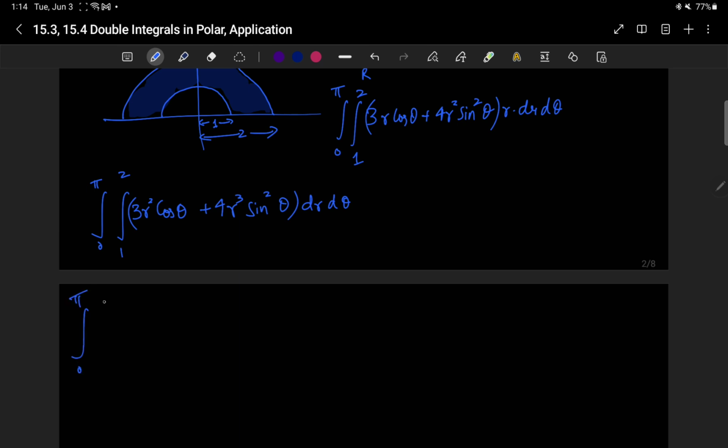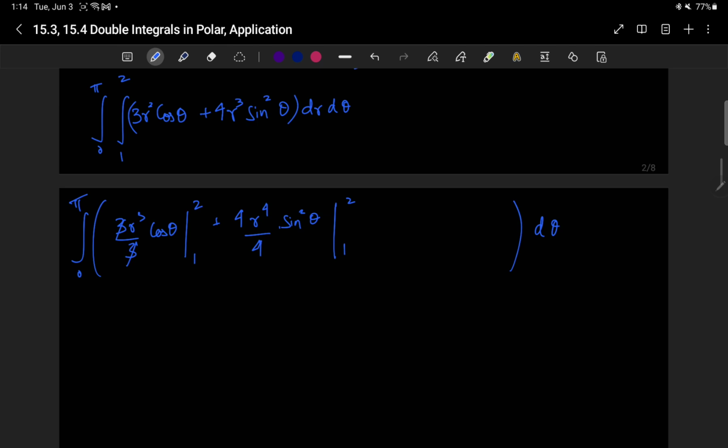So we have 0 to pi, all this thing happening, which we will deal with later, and the integral with respect to r is going to give me 3r cubed over 3 cosine theta remaining as it is, the limits being 1 to 2, and 4r to the 4 over 4 sine squared theta again remaining as it is with the limits 1 to 2.